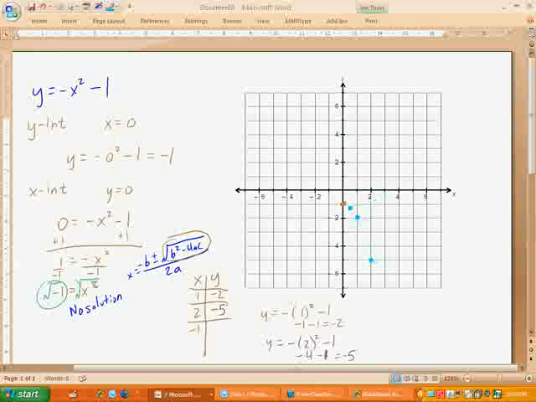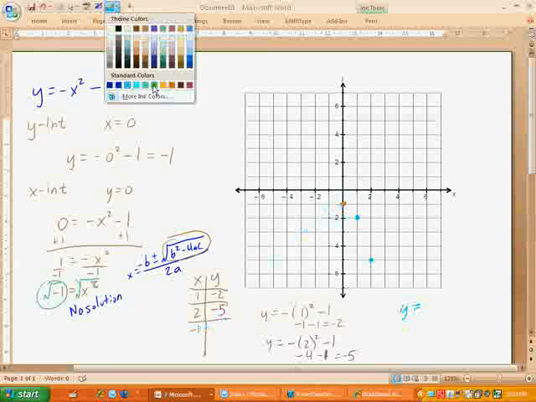Alright, so you can kind of start seeing what it looks like. Now we don't know if it keeps going up here. Now remember, it can't cross the x-axis, so we don't know if it keeps going up here and goes back down that way, or what it does. So let's go ahead and plug in something on this side. Let's put in negative 1 like I had there. So let's go y equals, and I'm going to change colors because I don't know if this one's going to show up.